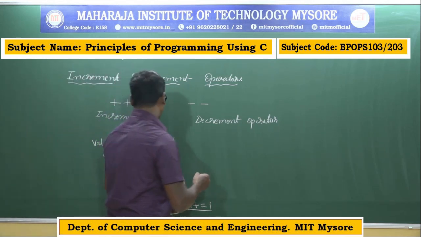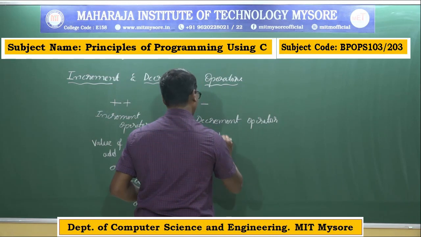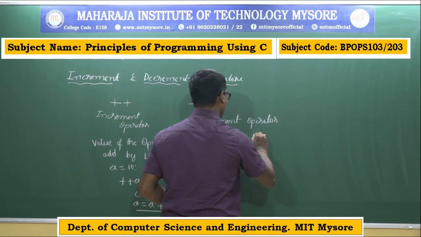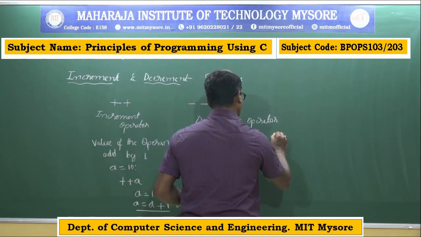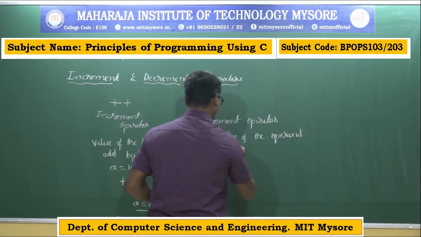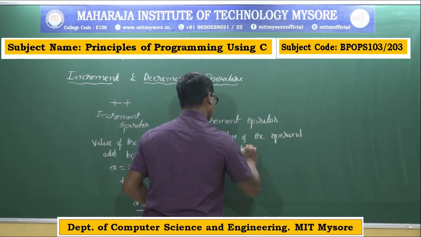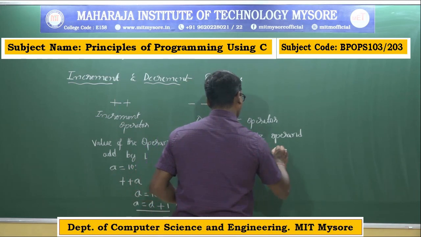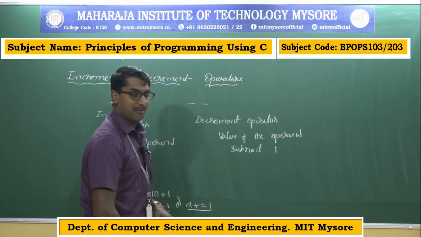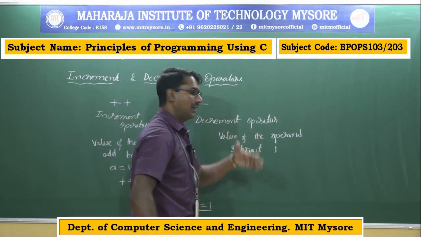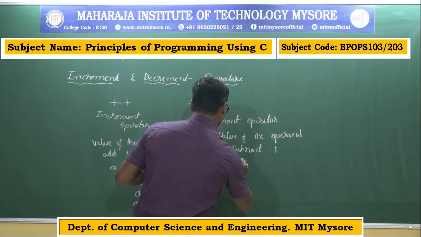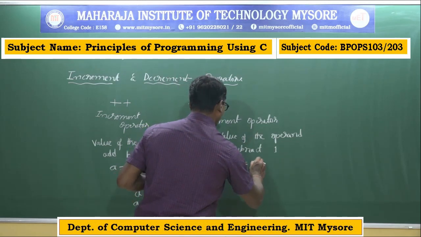Similarly, in the decrement operator, the value of the operand is subtracted by 1, means the value of the operand will be decreased by 1. Example, A is equal to 10.